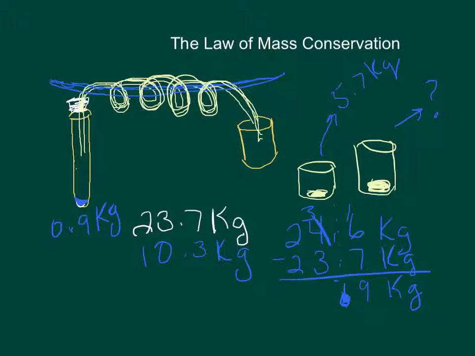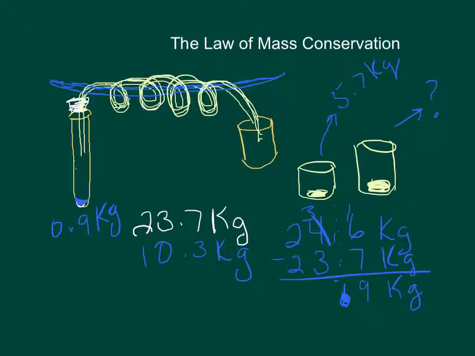Now that mass may have gone out into the atmosphere as gas, or you may have spilled it or something, but it was there, you didn't destroy it. So if we keep a fairly controlled experiment, we can go ahead and add up what we had before, and we can add up what we had after, and we know what all the parts should weigh.